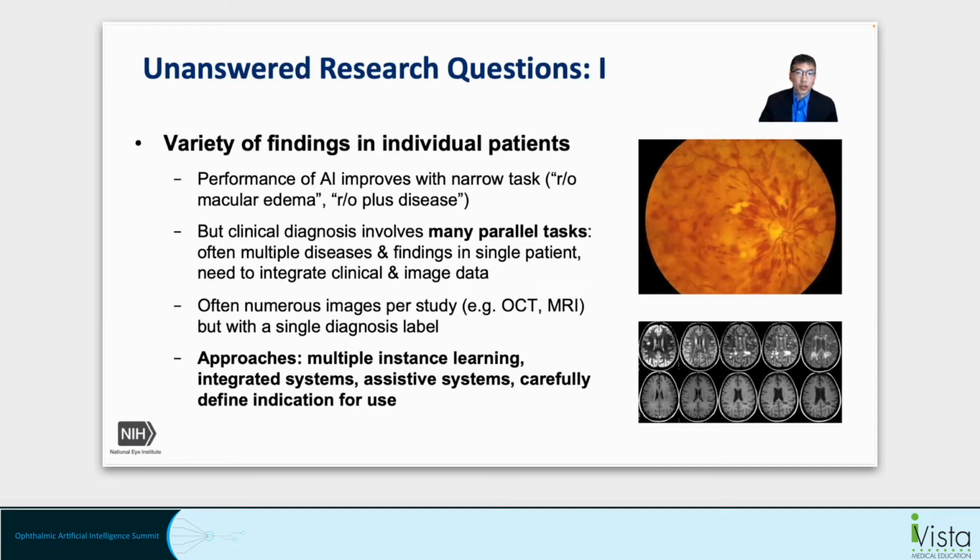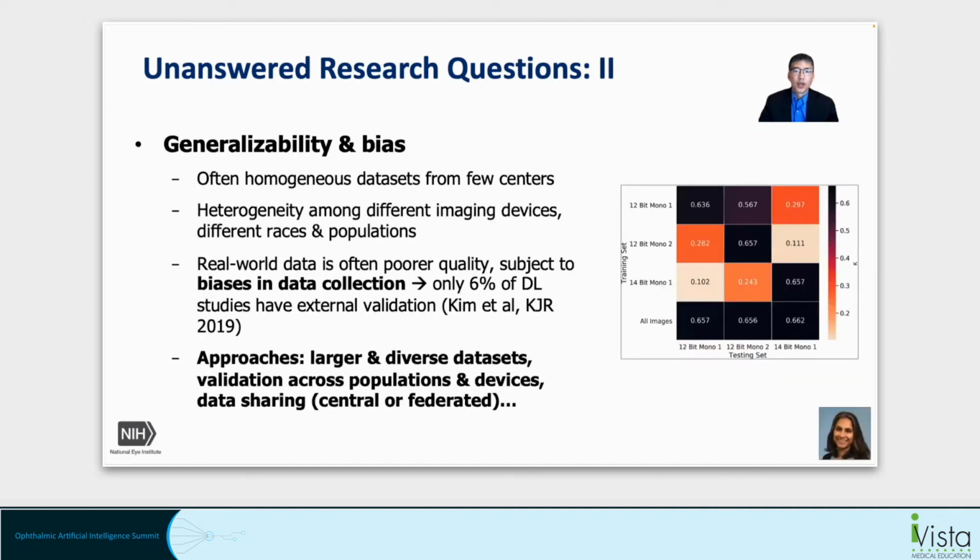These systems are very good at, for example, rule out macular edema, rule out plus disease in retinopathy of prematurity, but the real world is just more complicated. It's multiple diseases and findings in the same patient. And it's not just imaging data, you've got to integrate image data together with clinical data. So a lot of challenges here involving integrating systems and really coming up with clinically relevant use cases.